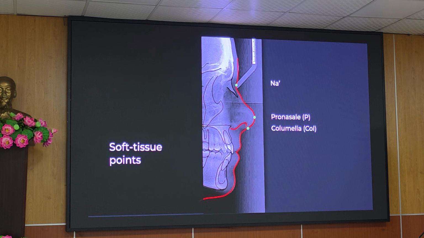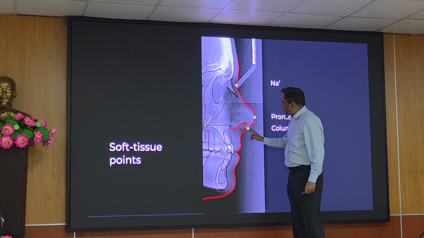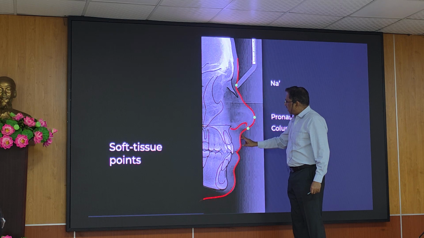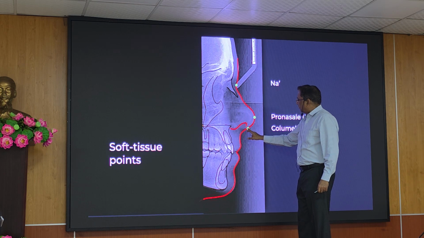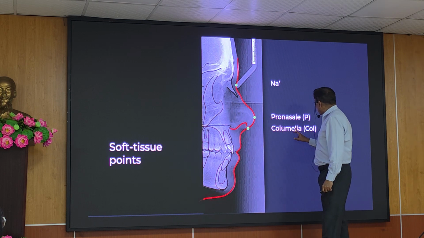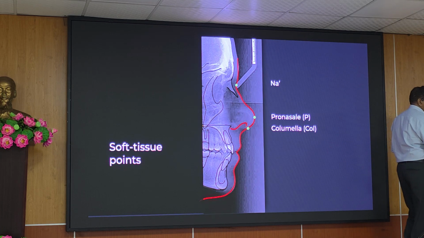Như vậy nhắc lại, điểm số một là nasion mô mềm, điểm thứ hai là pronasale. Also a new point, and it is somewhere on the lower border of the nose, between the tip of the nose and just above the upper lip base. This particular leg that you see at the center of that, we call it the columella or COL. Và cái điểm thứ ba đó là điểm columella.